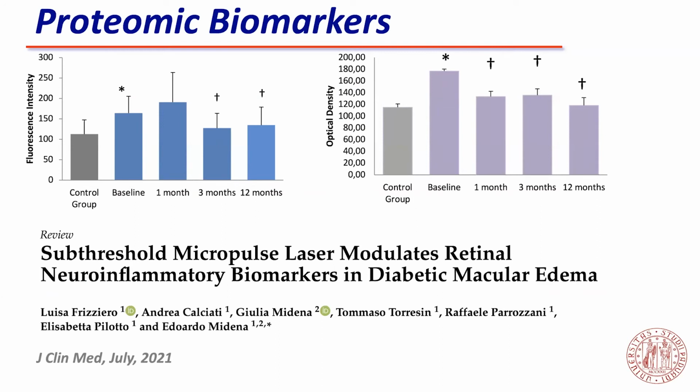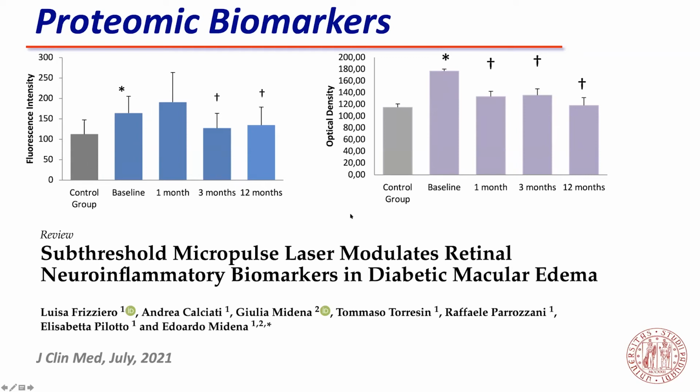And what you see is over there. So they were representing a population of eyes treated with subthreshold micropulse. And you see that compared to the controls, the DME eyes were pathologic.